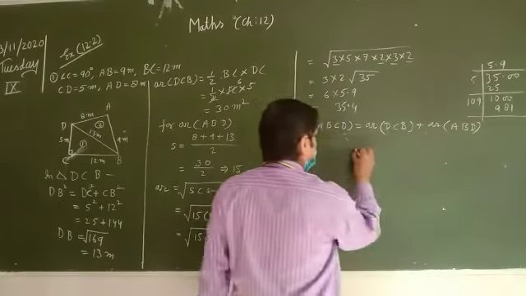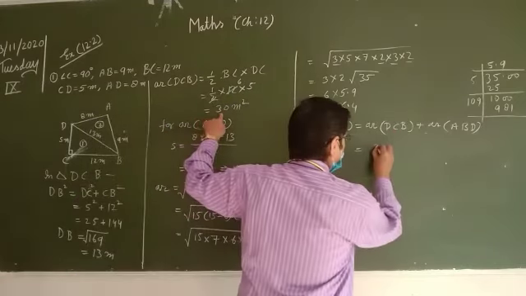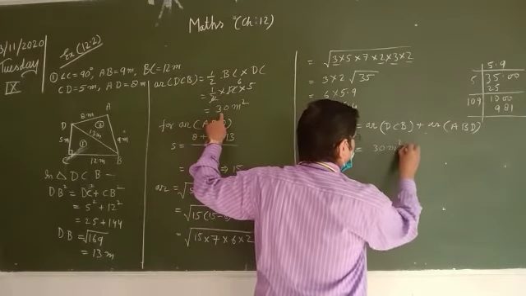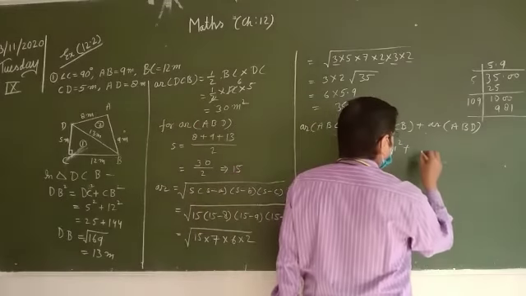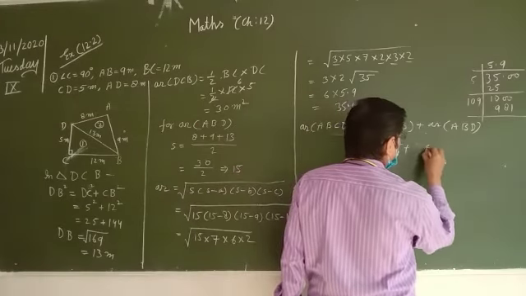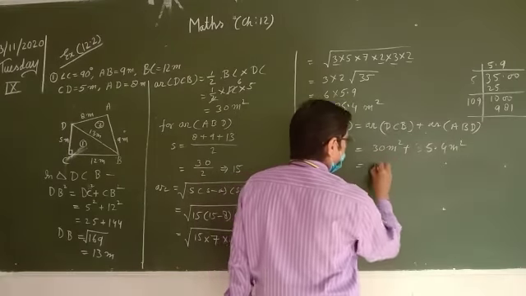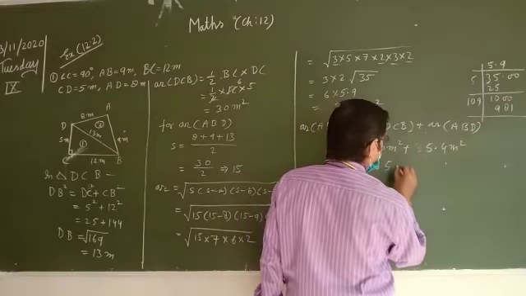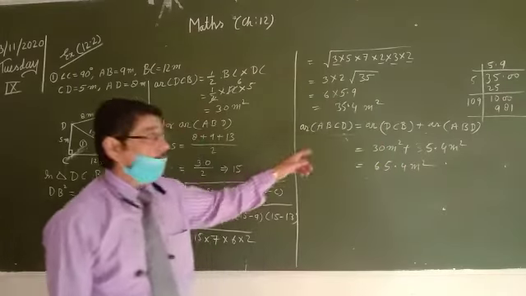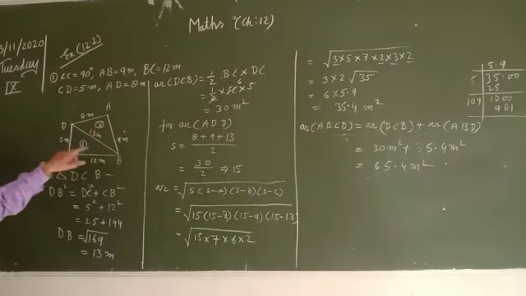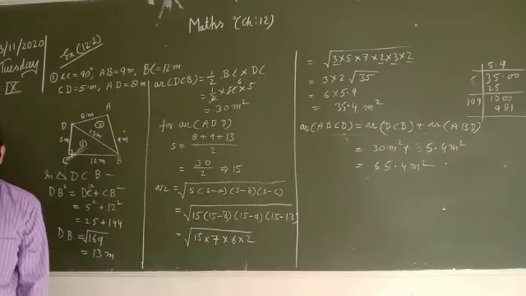Now add these two areas. Area BCD is 30 meters square plus 35.4. Now add these, and it becomes 65.4 meters square. This is the required area ABCD, which was this figure, and this data was given. Okay, pause the video and note down.